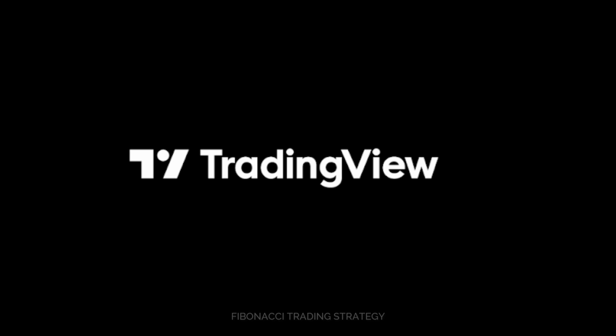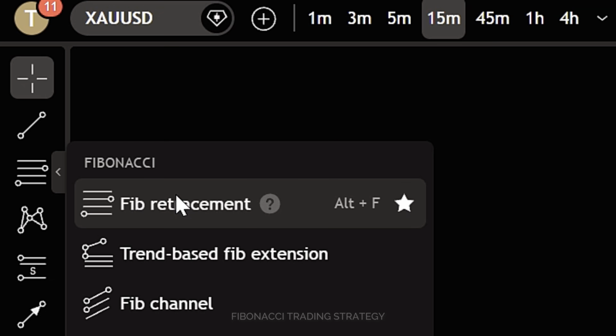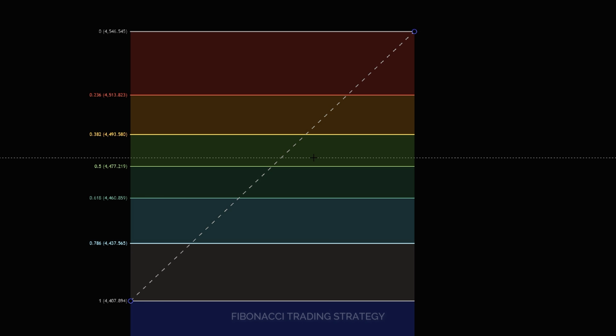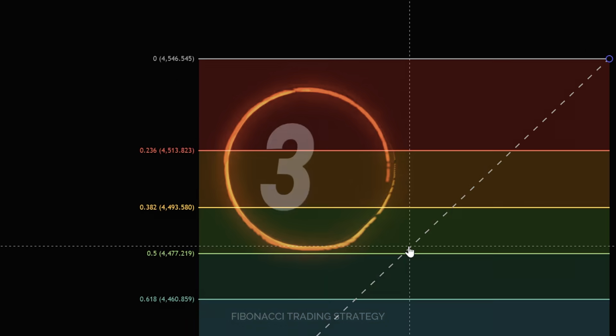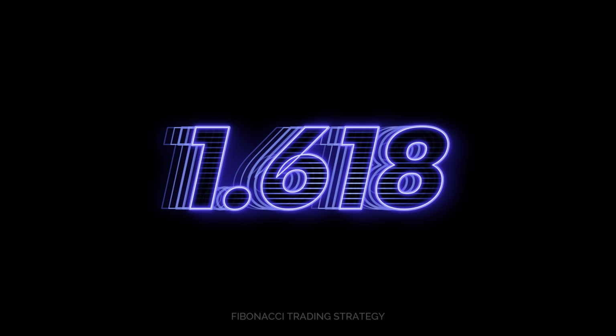Now let's move over to TradingView. This is the Fibonacci retracement tool. If you're new to Fibonacci, don't worry. For this strategy, we only need 3 levels: 0.236, 0.618, and 1.618.